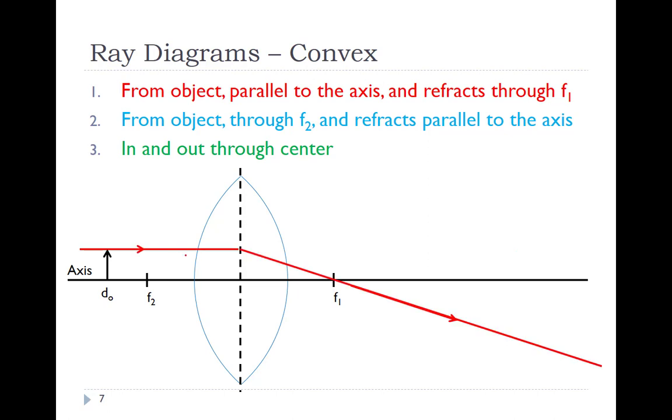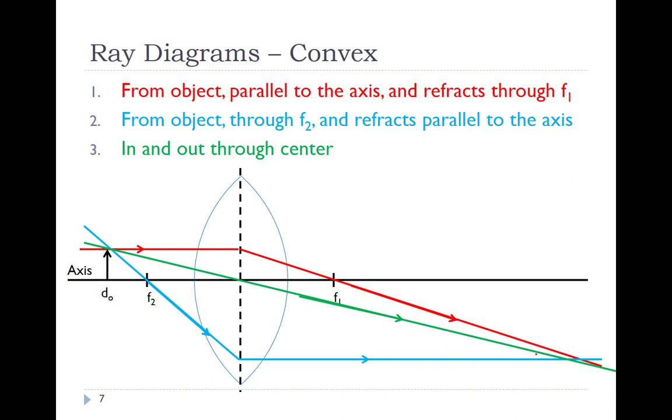In across the top of the object, parallel to the axis, at the center of the lens we turn and we go out through F1. The second one hits the top of the object, goes through F2, hits the center of the lens, and then turns and goes out parallel. And the last one goes in and out through the center. And you can see that my rays didn't quite meet in a single point, but they're very close, so our image is going to be over there.